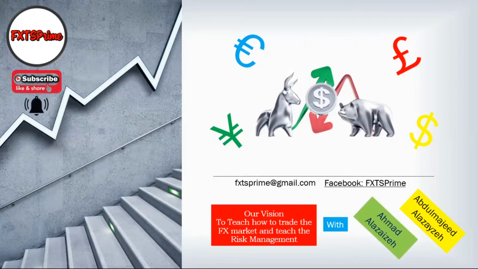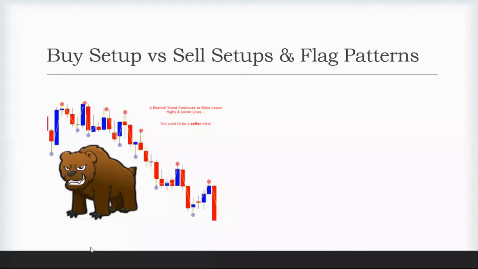Today we're going to speak about a very important topic. Last time we were speaking about the bearish trend and the bullish trend, and about the support levels and the resistance levels, and we identified and understood how to trade them, how to draw them, and how to predict them on the chart.